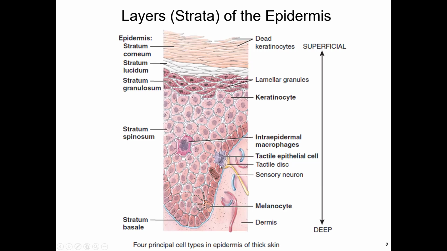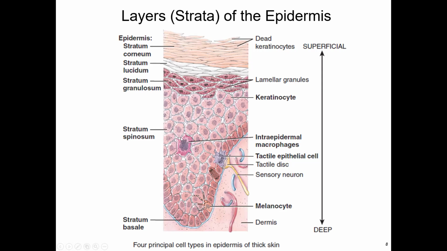You see the stratum basale here, and stratum spinosum, granulosum, lucidum, and stratum corneum. This is a great illustration of how the stratum basale cells are pushing the daughter cells on top of them in superficial direction. And we mentioned this in the lab too. This is key to building the stratum spinosum and the rest of the layers.